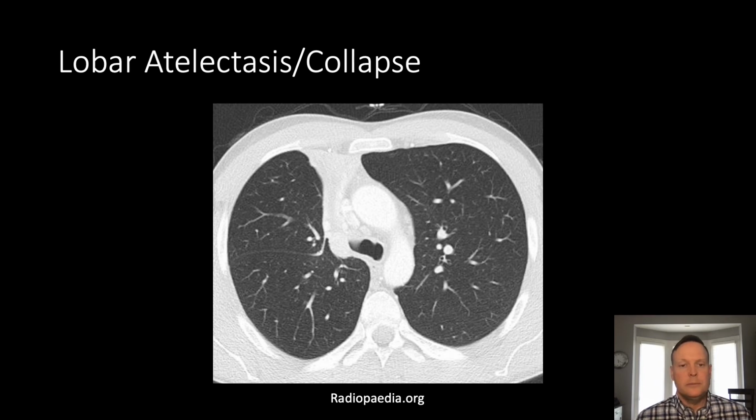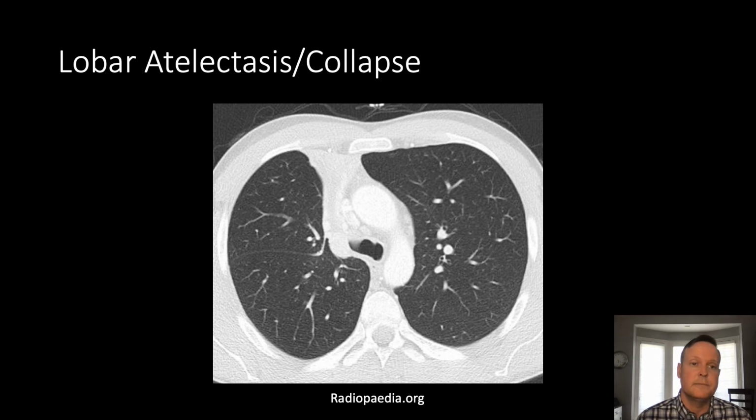When you have a malignancy that obstructs an airway, it can collapse a portion of the lung. If it is in a lobar bronchus, it will cause lobar collapse, as in this example, which can be very difficult to appreciate on initial review of the chest and very difficult to see on radiographs.